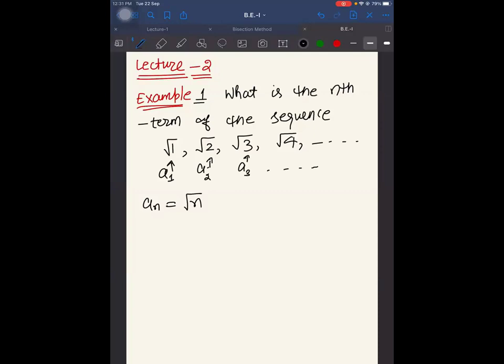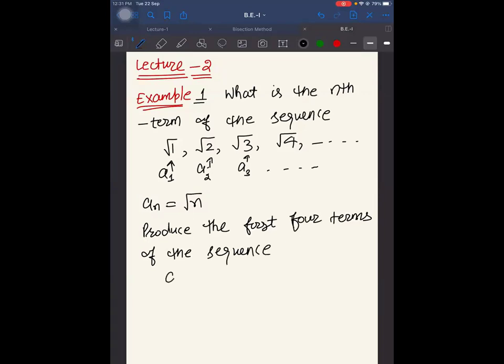Produce the first 4 terms of the sequence where A1 is given to be 1 and an is given to be n times a(n minus 1) for all n greater than or equal to 2.